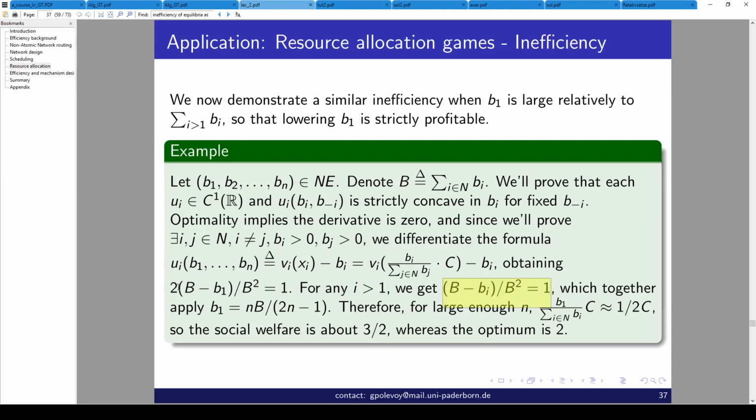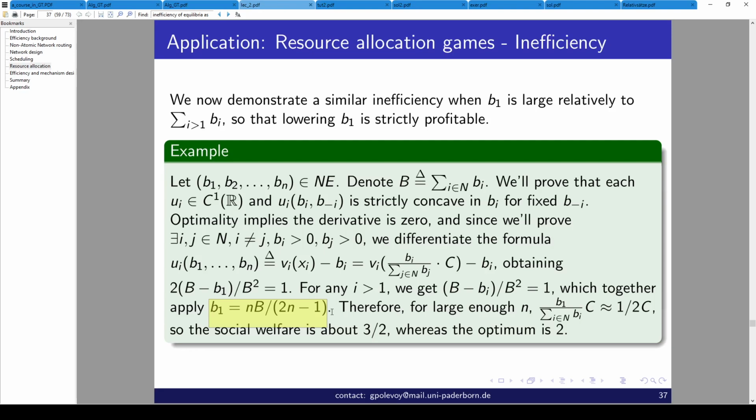And together those equations, this equation for player 1 and the equation for every other player, by simple algebraic manipulation, which you can look up in the book if you want, or do yourself, imply that in an equilibrium B1 is a bit more than half of the total sum.